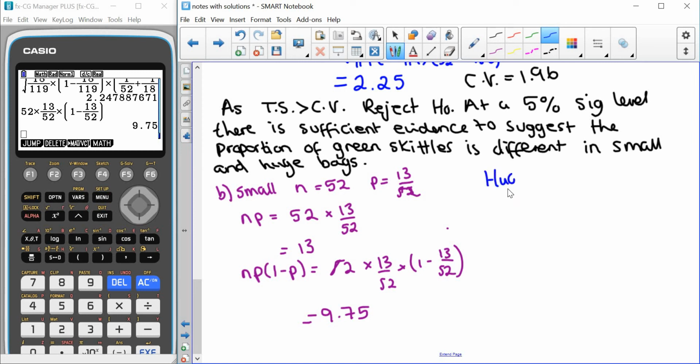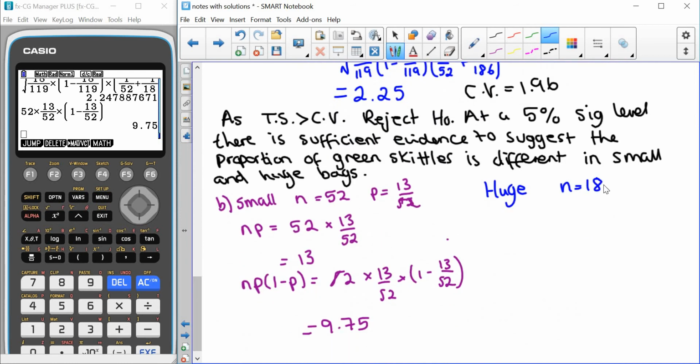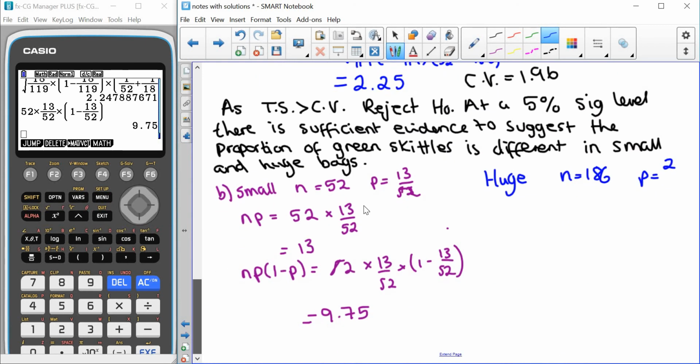So for our huge bags, our n was 186. And our p was 23 out of 186. So our mean, our np, would be 186 times 23 over 186, which just gives us 23.